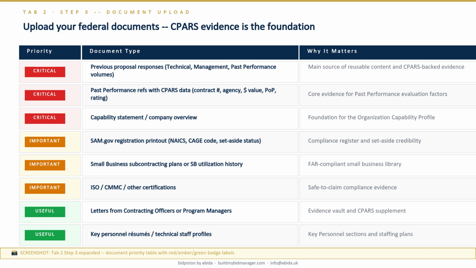The useful documents in green: letters from contracting officers or program managers, and key personnel resumes. One critical rule: only upload what you are authorized to share. If a document contains CUI, check your platform's FedRAMP authorization first. The AI will inventory what it finds and flag what is missing.